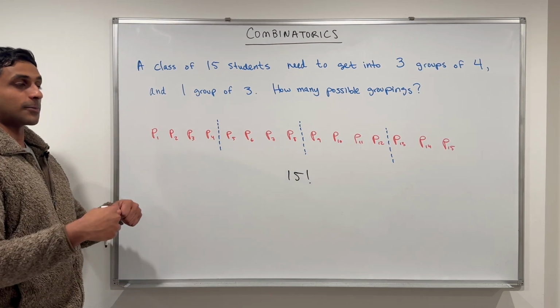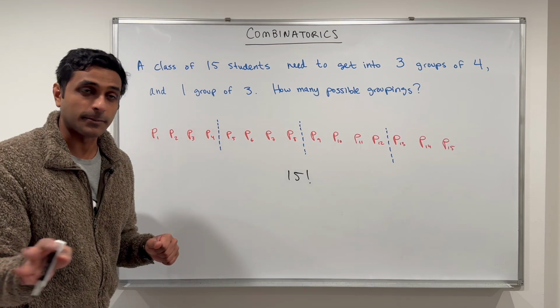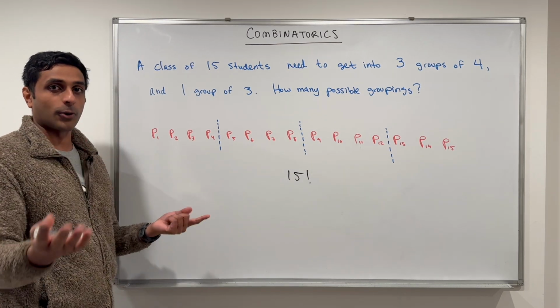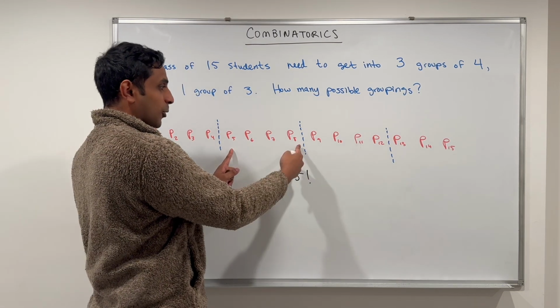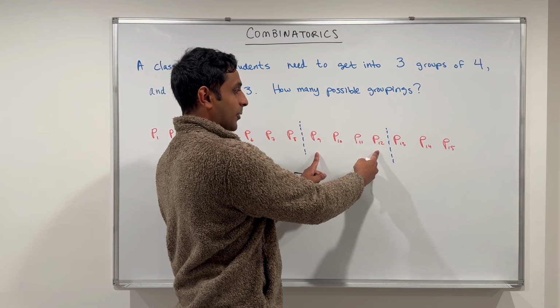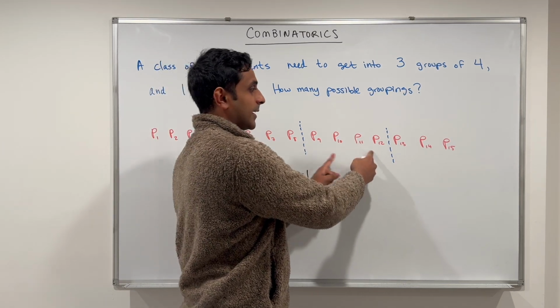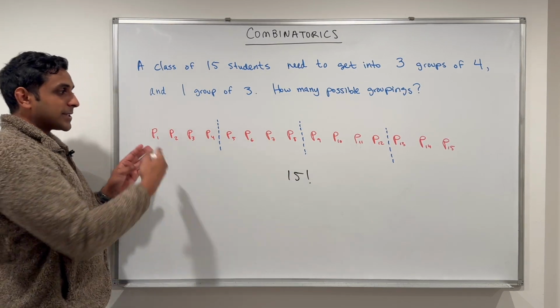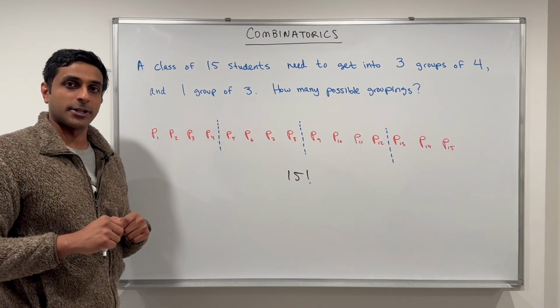One way of interpreting a permutation as a partition is we can say the first 4 people in the permutation are in a group of 4. The next 4 people are in another group of 4. The next 4 people are in our final group of 4. And the last 3 people, let's say, are in our group of 3. So based on this permutation, we can figure out what partition it maps to.